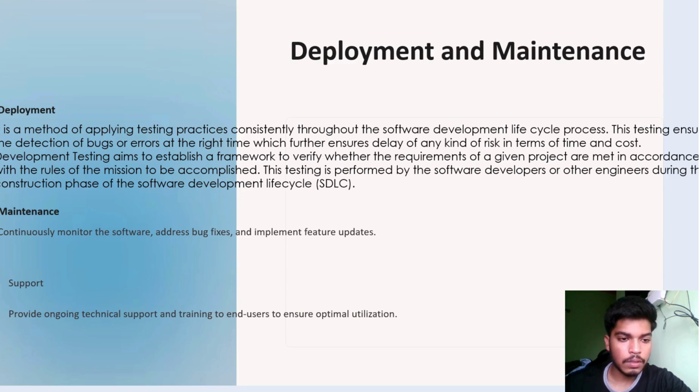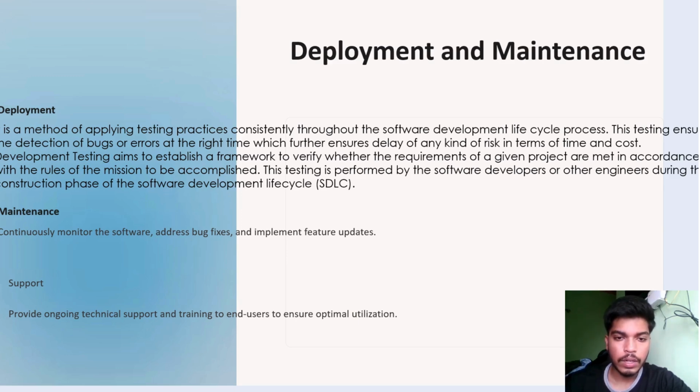Like next one is maintenance. Continuously monitor the software, address bugs, and implement feature updates. Like in deployment, it is a method of applying the testing practices consistently throughout the software development. Like it is a very last stage of testing for the particular application, because after that it will directly go to the market for the users.